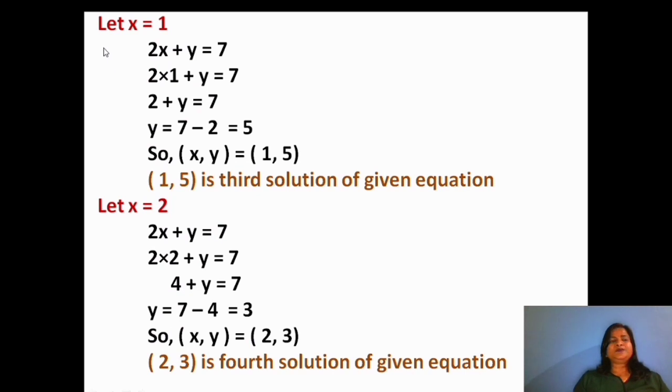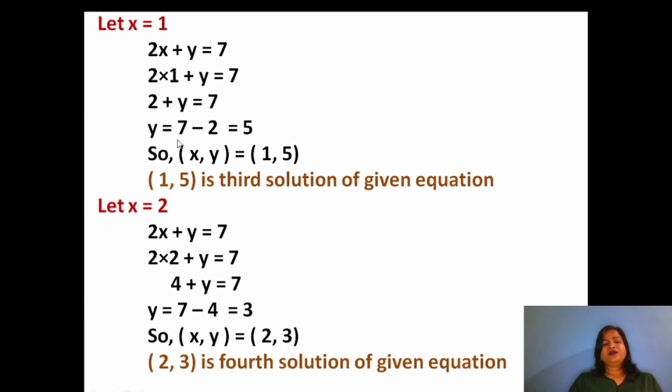Now third solution. In this, we have assumed x is equals to 1. We have to put the value of x in the equation 2x plus y is equals to 7. 2 multiply 1 plus y is equals to 7. 2 multiply 1 means 2 will come, plus y is equals to 7. y is equals to 7 minus 2 is equals to 5.